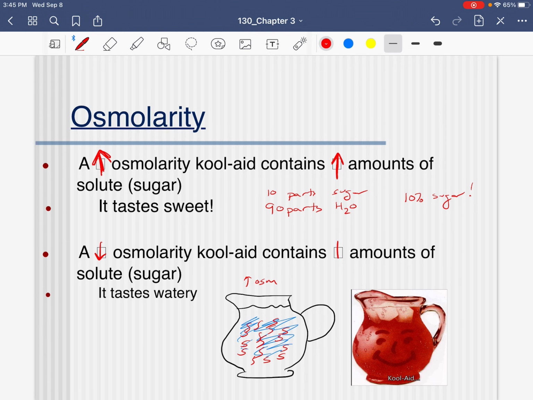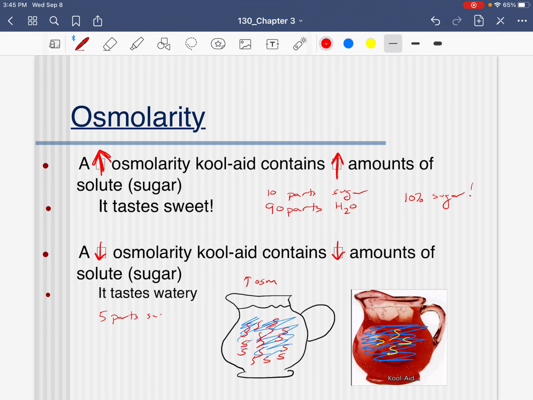On the other hand, a low osmolarity Kool-Aid contains a lower amount of sugar. It would taste more watery. So we still have water, but we just have less sugar.